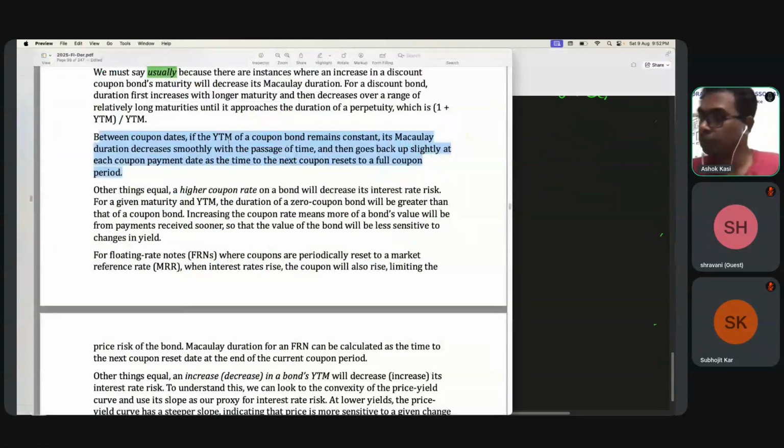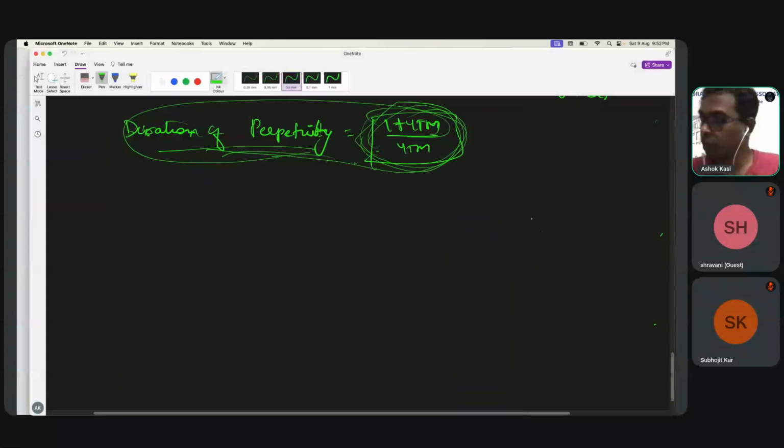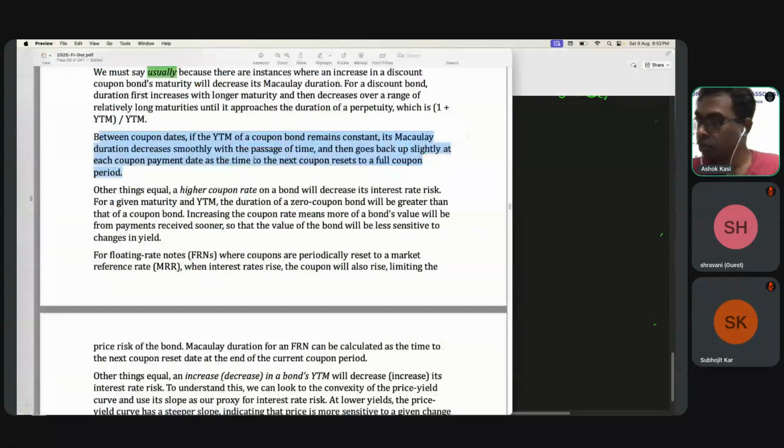So there is one coupon date here, there is one coupon date here. Its Macaulay duration decreases smoothly with the passage of time.